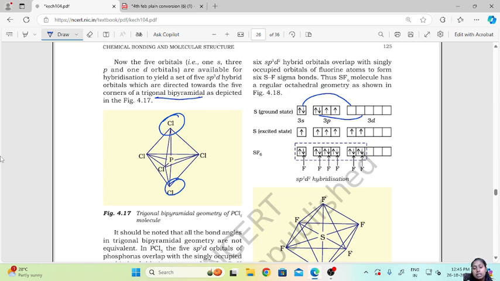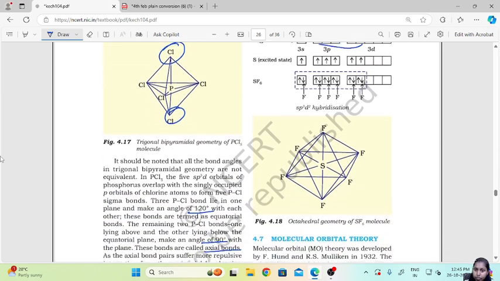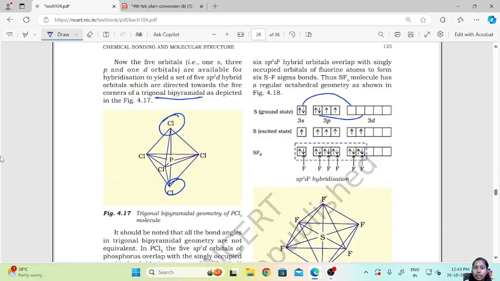To satisfy these 6 unpaired electrons, each fluorine donates 1 electron from its orbital, which forms 6 sigma S-F bonds and an octahedral structure. Thus the SF6 molecule has a regular octahedral geometry.